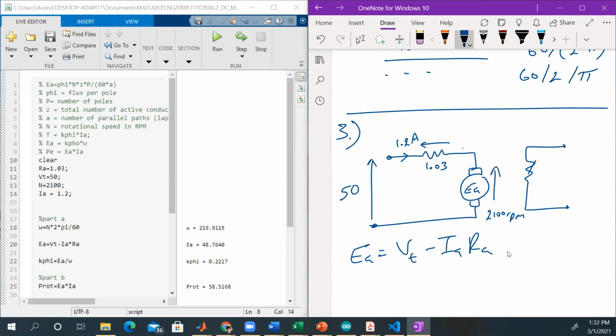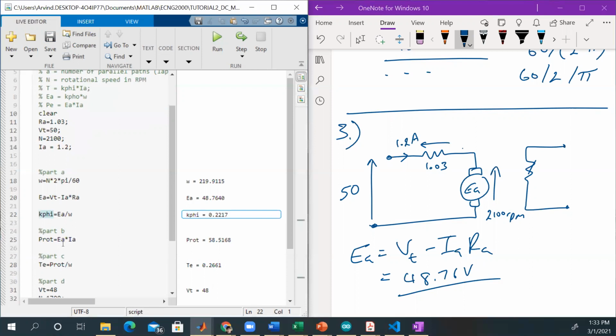So VT minus IA RA, that works out to be 48.76 volts, right? Now we have EA, and we have the speed, which is 219 radians per second. So we could work out K phi, and that is just EA on omega, and we get K phi to be 0.2217.